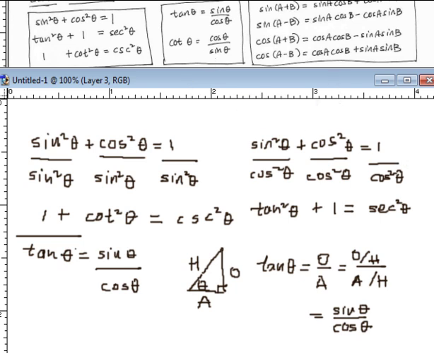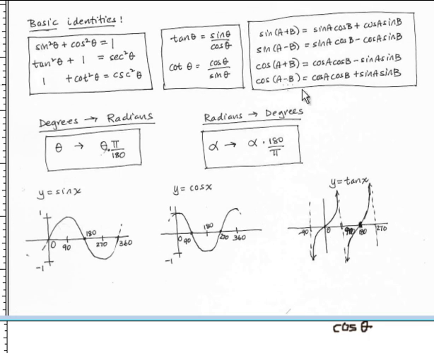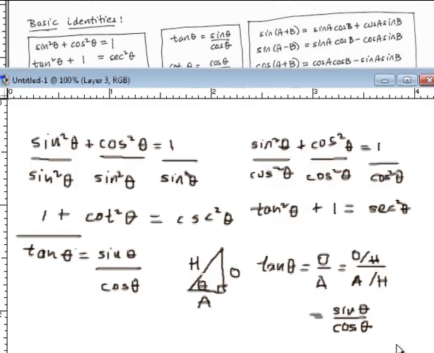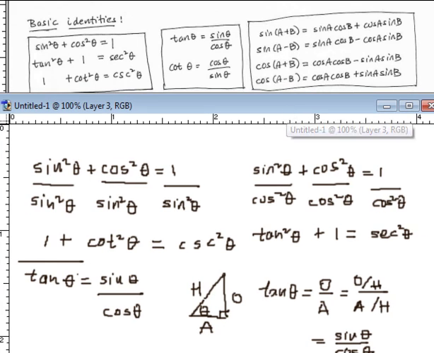And then we have these identities. Alright, these are called the sum and difference angle identities. And I'm not going to show you why these work. It's a big proof. But let's just use them in an example.